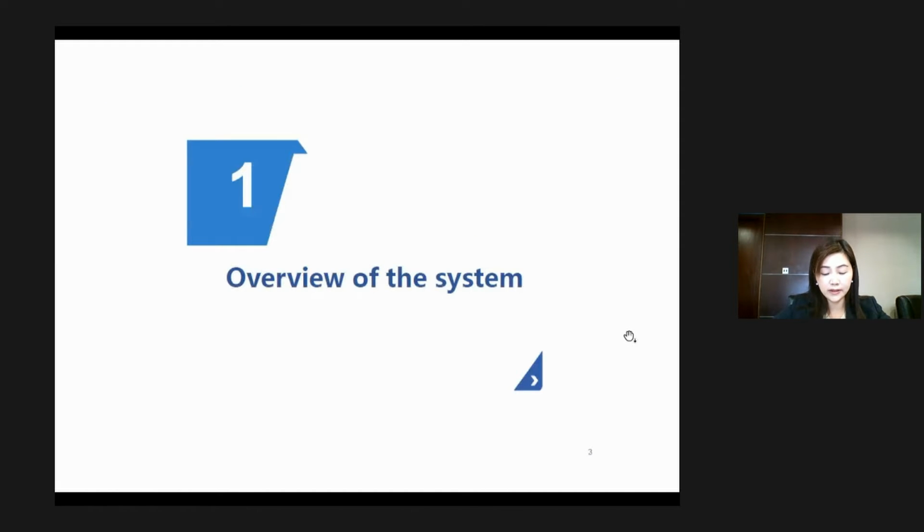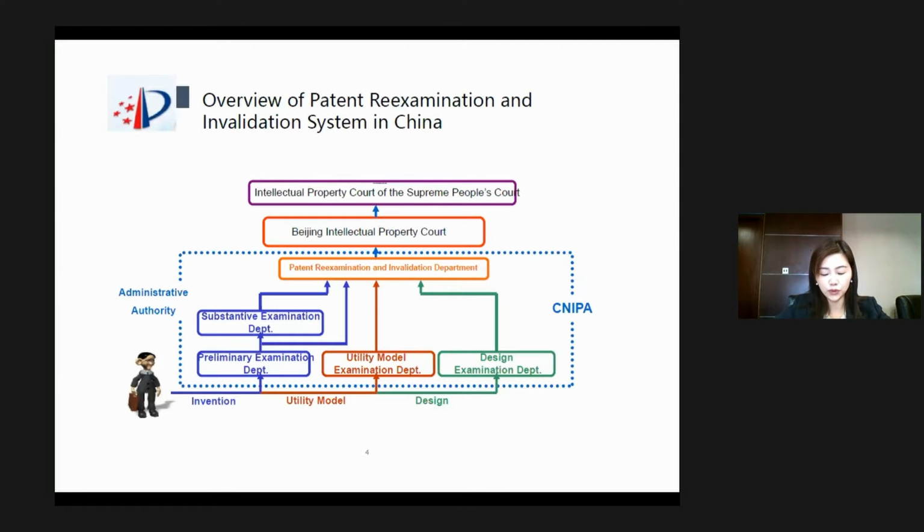Let's start with the introduction of re-examination and the invalidation system. As you know, the Patent Re-examination and Invalidation Department is a branch of CNIPA, which is responsible for the patent re-examination and the patent invalidation procedure.